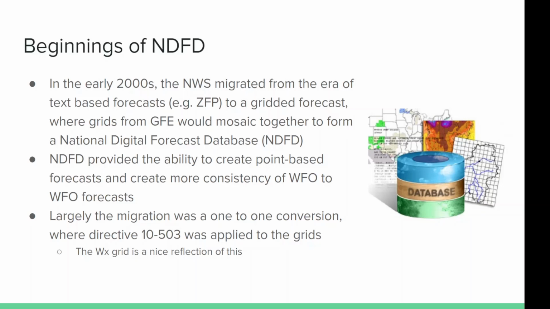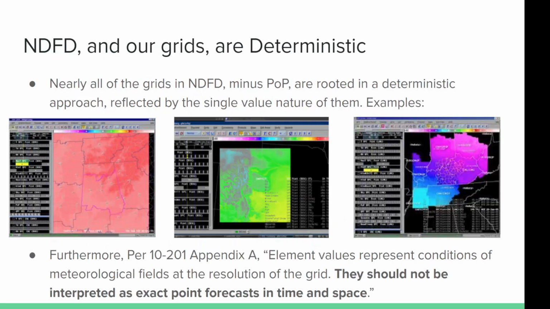It's all contained in that weather ugly string. So when transitioning from text-based forecasts to a gridded format, we also kept the same deterministic theme. This is why all of our gridded forecasts contain single forecast values like sky cover of 27%, POP of 34%, and so on and so forth.